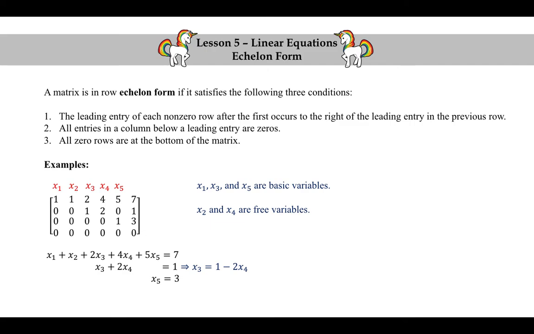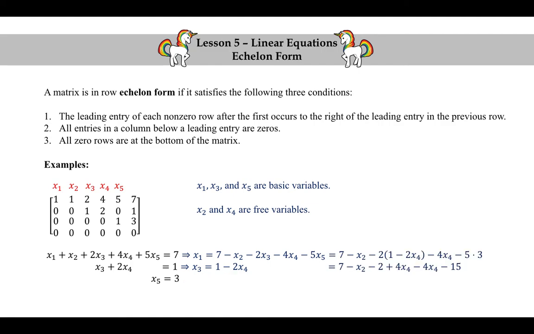In the second equation, we subtract 2x4 to get x3 equals 1 minus 2x4. Since x4 is a free variable, we'll leave it just like that. From the first equation, we have x1 is 7 minus x2 minus 2x3 minus 4x4 minus 5x5. We'll replace the basic variables x3 and x5 by 1 minus 2x4 and 3 respectively.